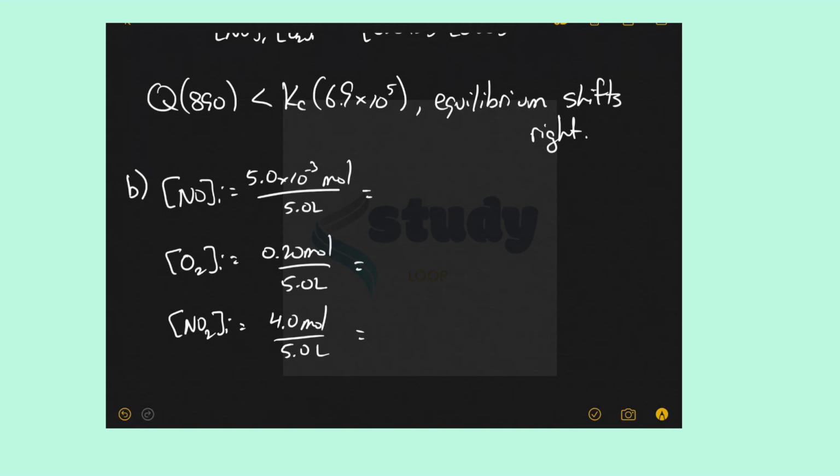Let's work out these values here. This would give me 0.0010 molar. This would give me 0.040 molar, and this would give me 0.80 molar.